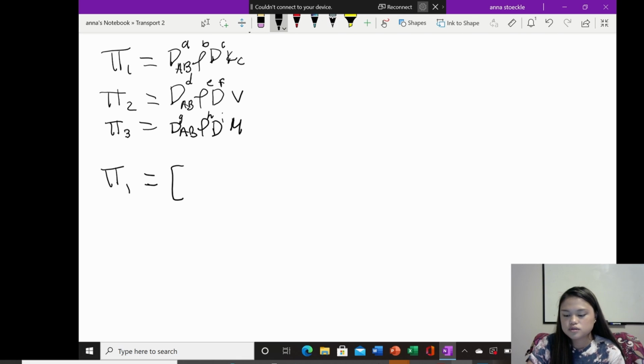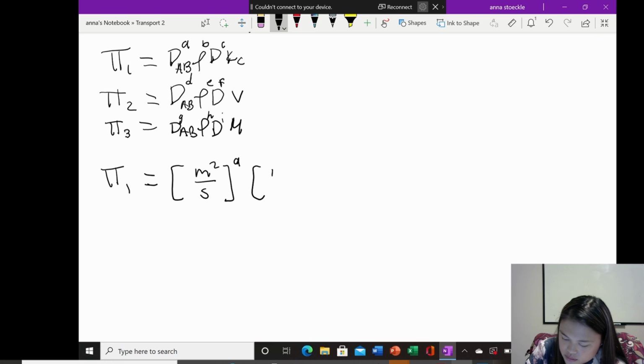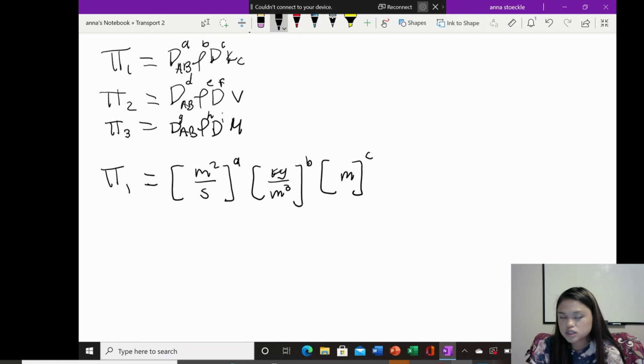The diffusion coefficient is in meters squared per second. Density is in kilograms per meters cubed. And that diameter is just in meters. And that mass transfer coefficient is in meters per second.